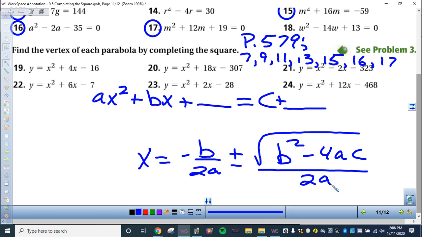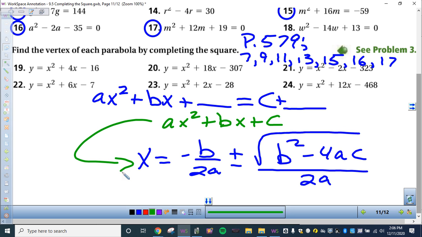There's a way to prove that by completing the square with the ax squared plus bx plus c. That's a good challenge problem. Going from this to this, you do it by completing the square.